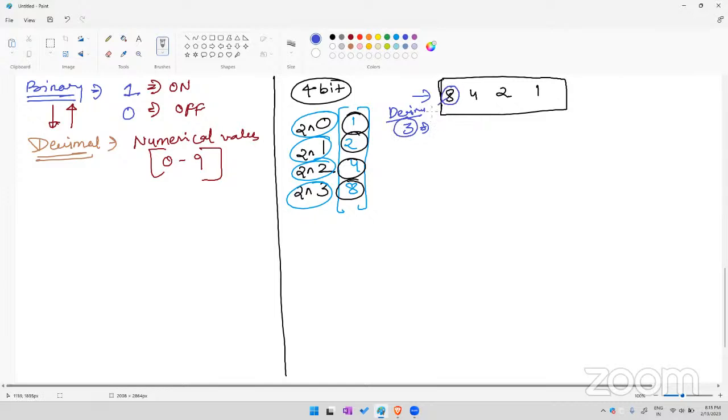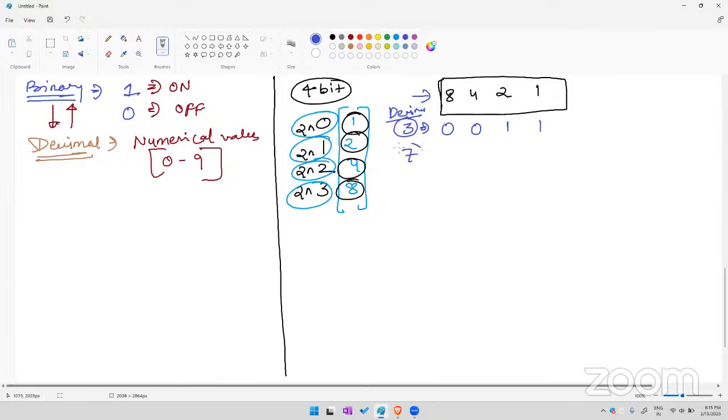Is 8 higher than 3 or lower? It's higher, so 0. Is 4 higher? Yes, so we turn it off. Is 2 lower? Yes. So 3 minus 2, how many remain? 1. 1 is neither higher nor lower, it's equal, so on. So decimal 3 is binary 0, 0, 1, 1.